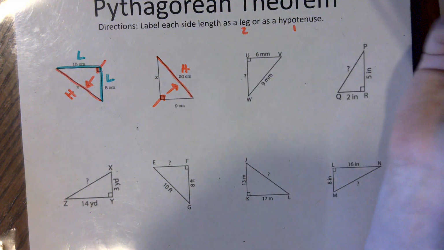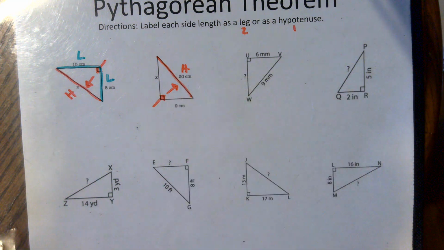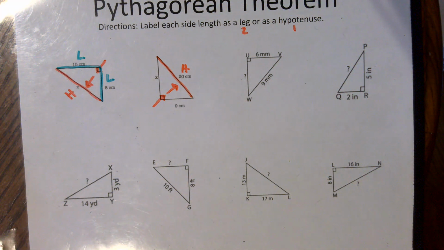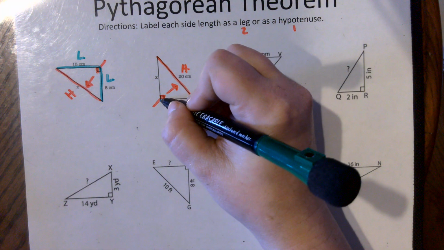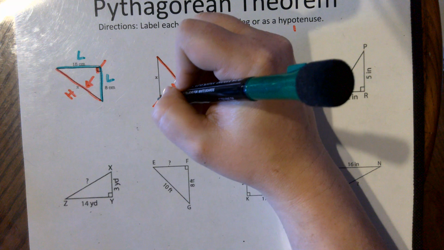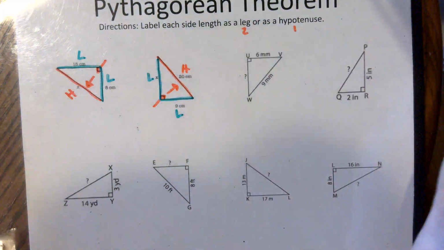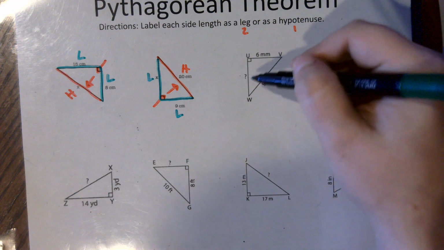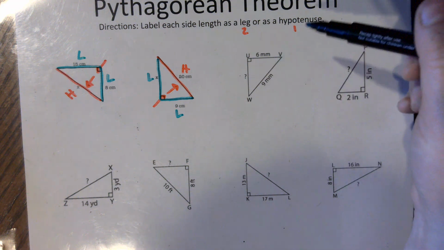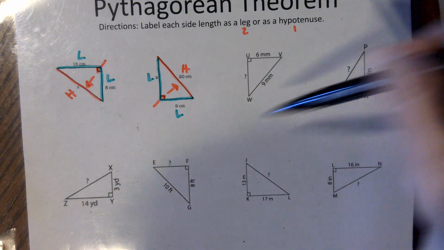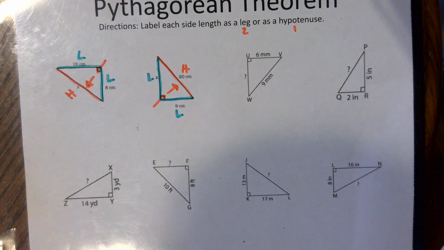I'm not sure if I said right angle or hypotenuse earlier. The right angle is pointing to the hypotenuse. All right, which means the other two sides, which connect to or create that 90 degree angle, are our legs. That's all we're asking you to do. So go ahead and pause the video, teachers, and label the other 6, please.